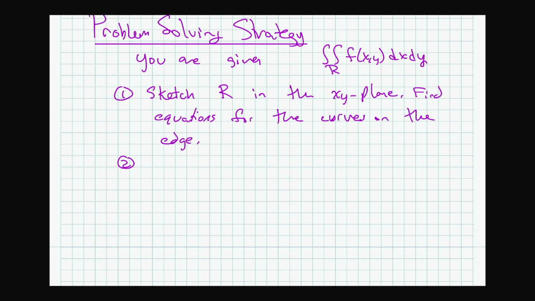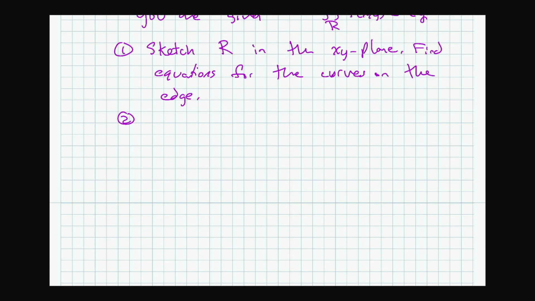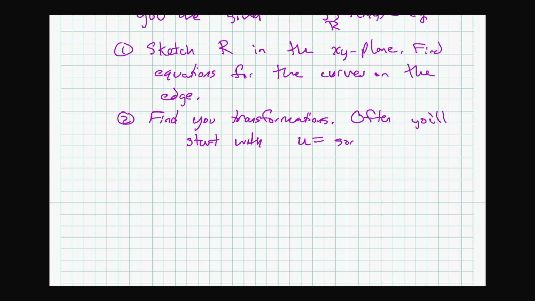Then what you're going to do is choose your transformations. Often you'll start with u equals something, v equals something.